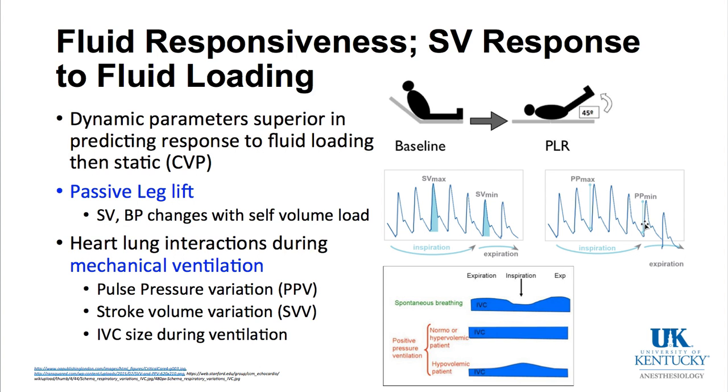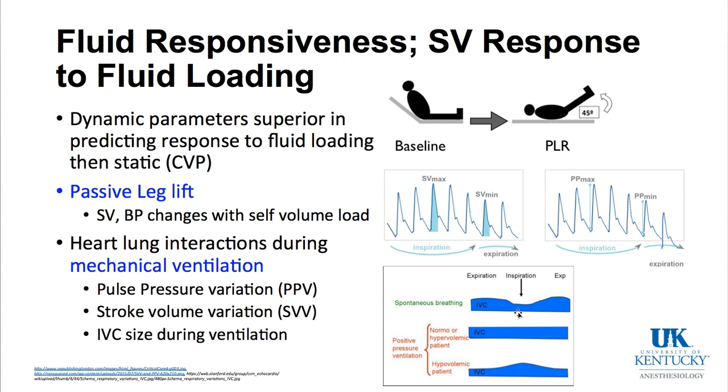Also, if you look at their IVC size during ventilation: normally when you're spontaneously breathing and you take an inspiration, the negative pressure in the chest becomes more negative, blood flow is favored going back into the atria, and there is a drop in IVC size, so it's like the blood is leaving the IVC going into the heart.